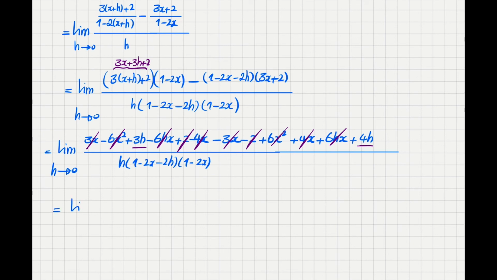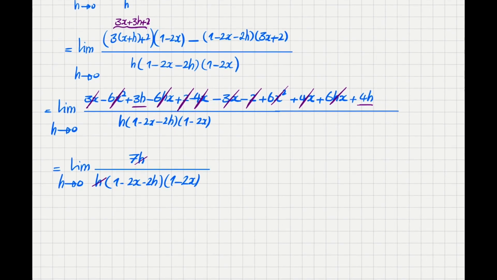So this becomes the limit of 7h over h times 1 minus 2x minus 2h multiplied by 1 minus 2x, and h goes to 0. And then you realize that h is a factor of the numerator, h is also a factor of the denominator, so they can be simplified.